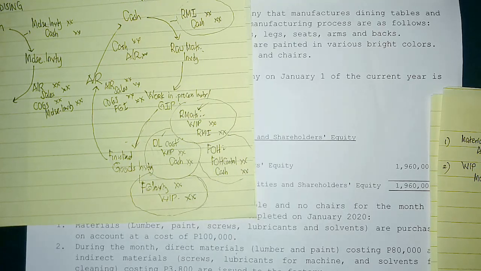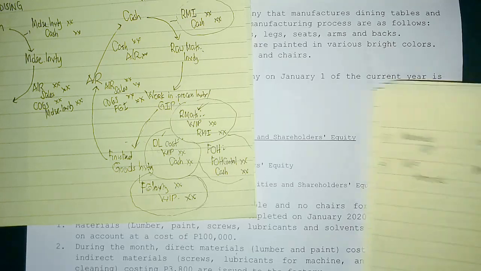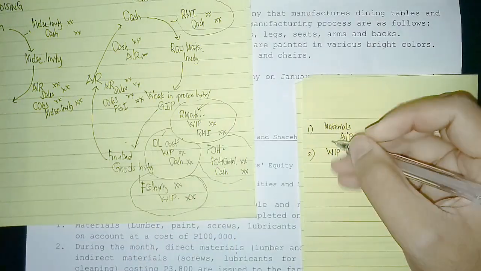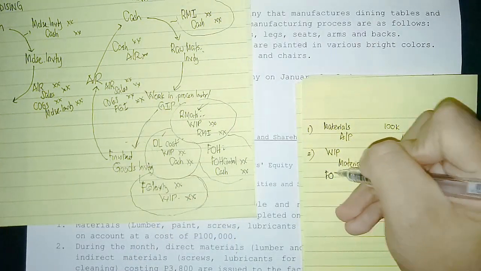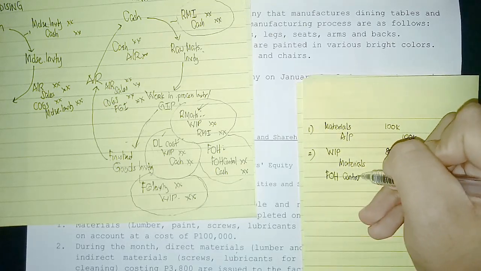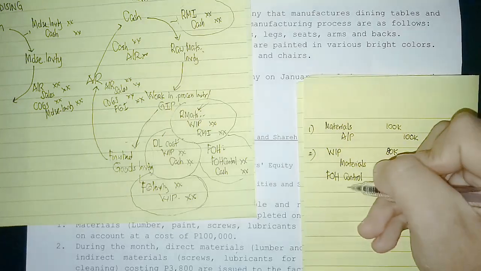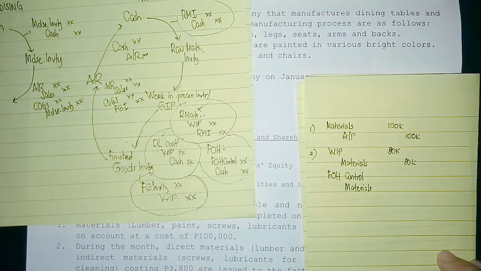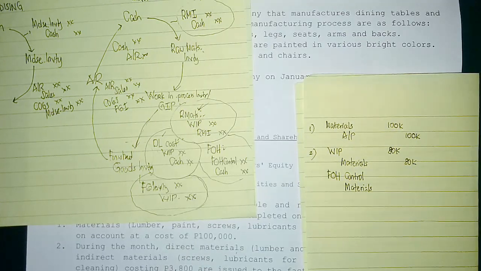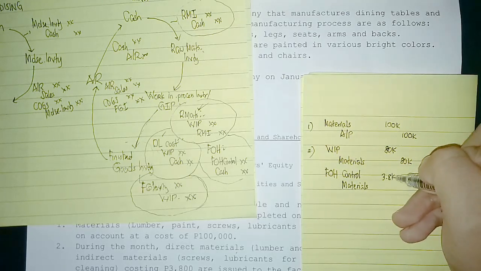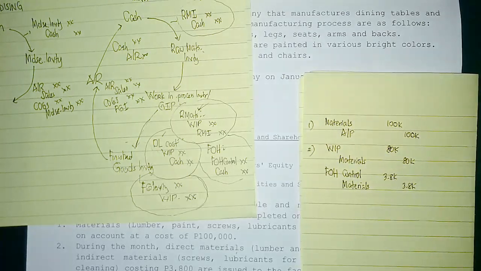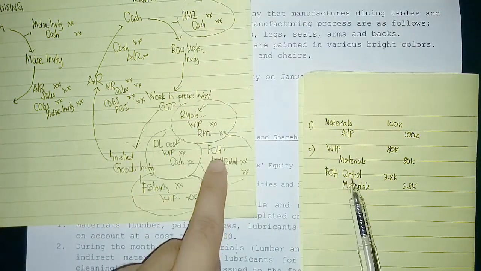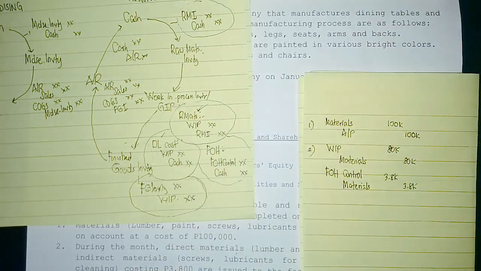So, to record yung issuance ng indirect materials, instead na work in process, ang gagamitin nating debit ay factory overhead control, credit materials na 3,800. Kapag direct materials, sa work in process. Kapag indirect materials, which is factory overhead, sa factory overhead control ang debit.